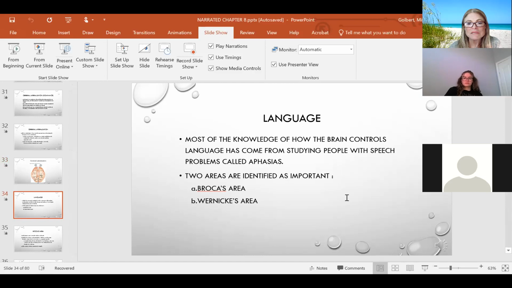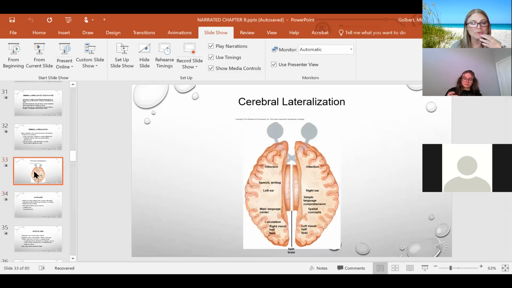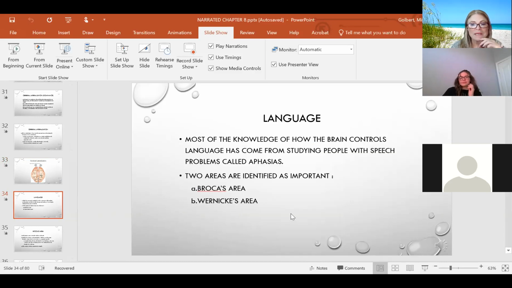So for language, we mentioned that we have the Broca's area. So Broca's area is on the right-hand side. And this other on the left is language comprehension. So if you look at these two, one is Broca's, one is Wernicke's, right? So whenever those areas are affected, you're going to be having what is called an aphasia.